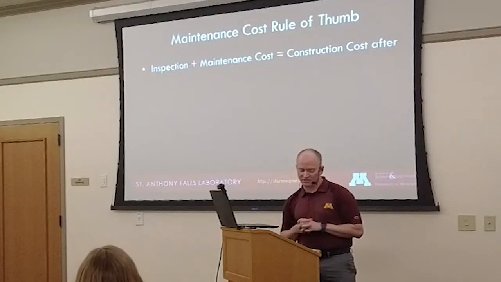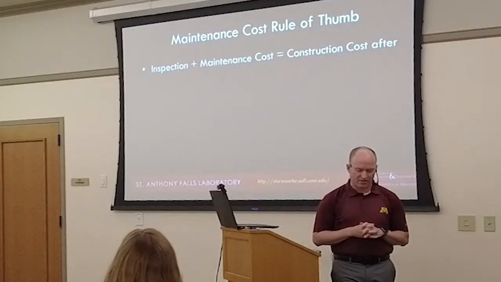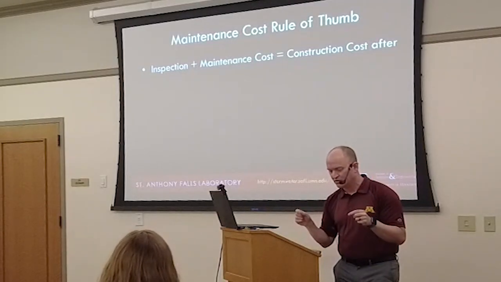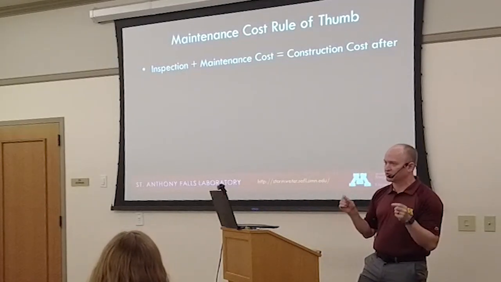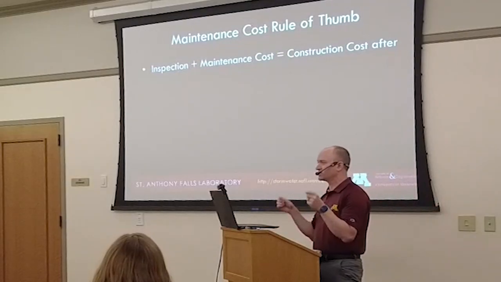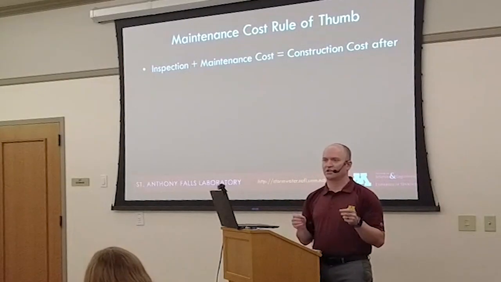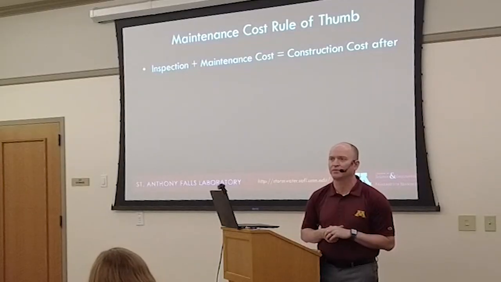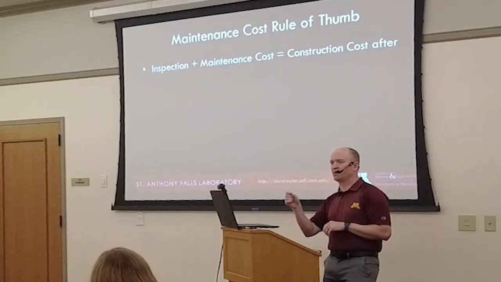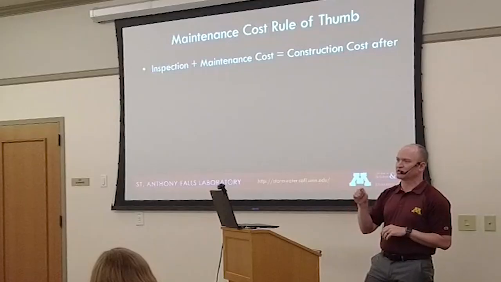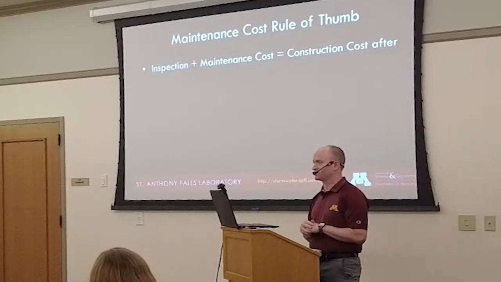So my equation here is if you add the costs of what you would spend to construct that practice, how much it costs to build it, and then you calculate how much it's going to cost to inspect and maintain it over time, there's a period of time at which your maintenance and inspection costs are going to exceed your capital costs.